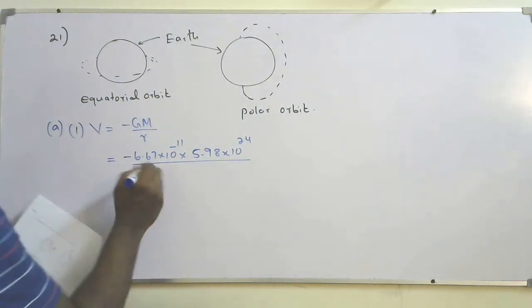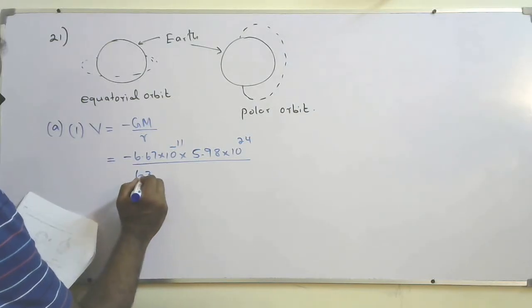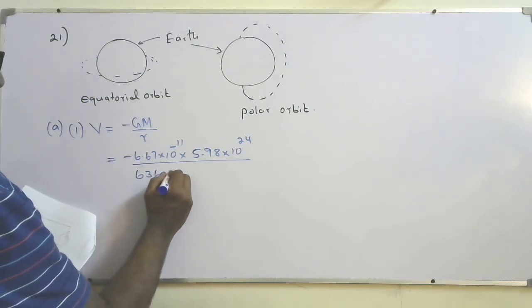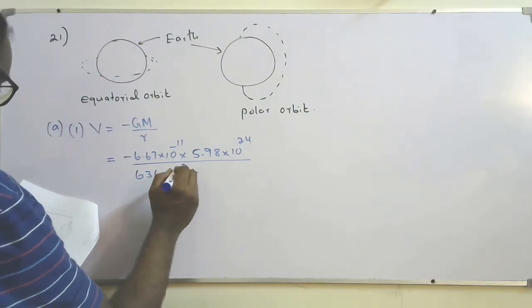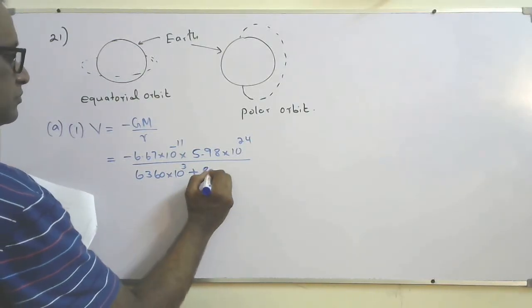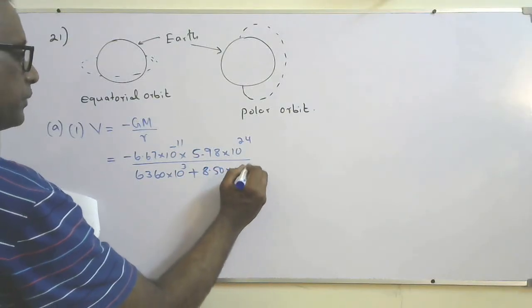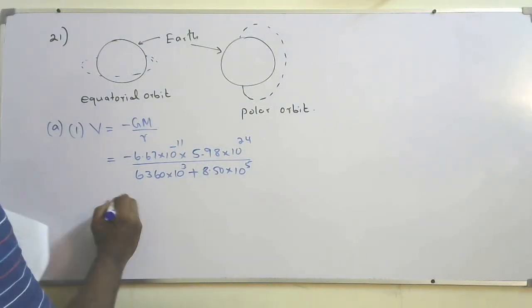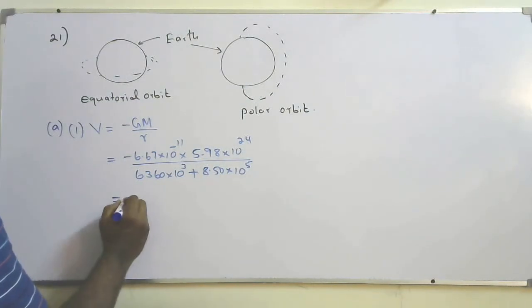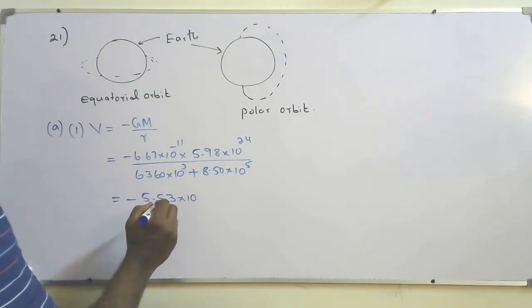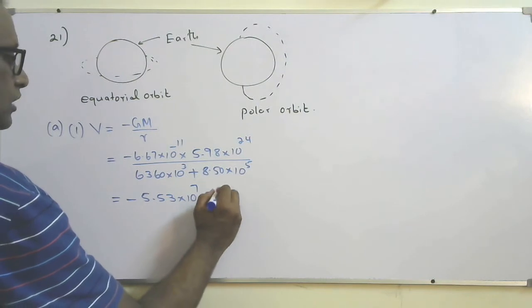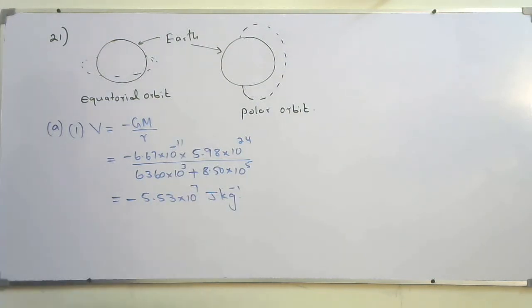So that is 6,360 is the radius of the Earth in kilometers, convert to meters, plus height is 8.50 times 10 to the power 5 meters. So the potential will be minus 5.53 times 10 to the power 7 joule per kilogram.